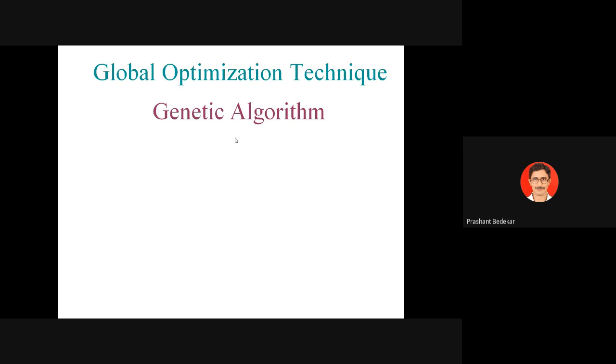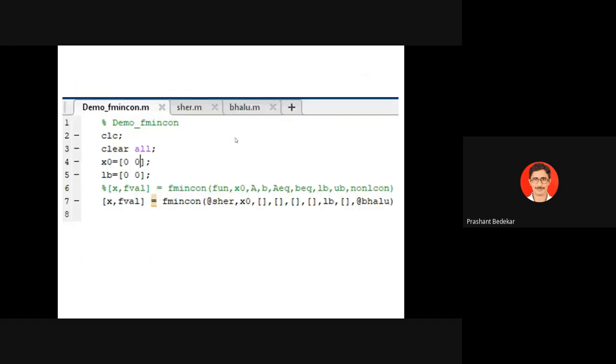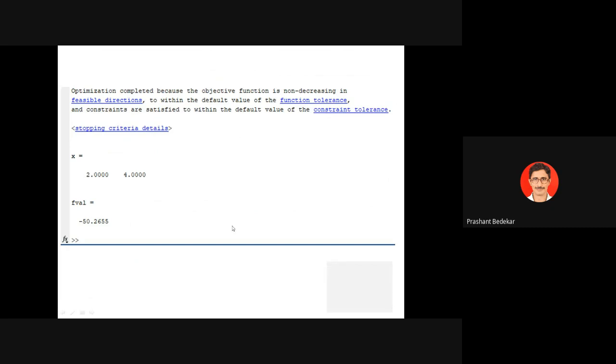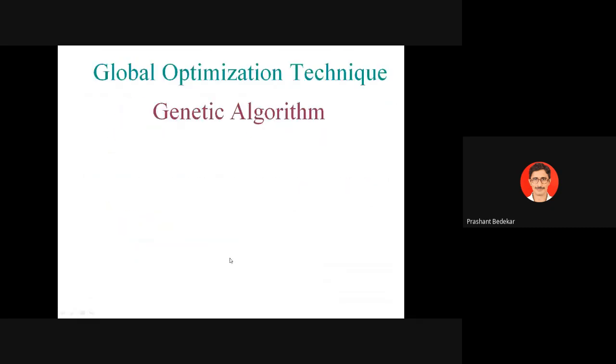In case of conventional methods, we have seen that we have to specify this x0, the initial choice. What happens is that the initial choice may be nearer to a local optimum solution.